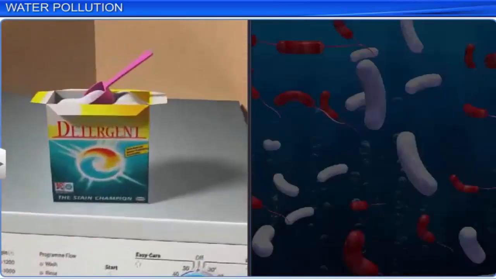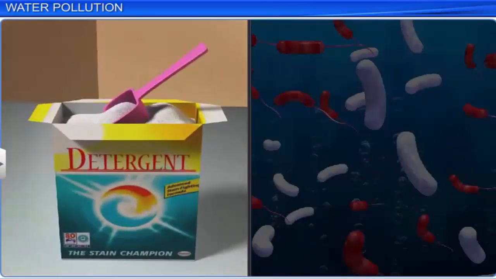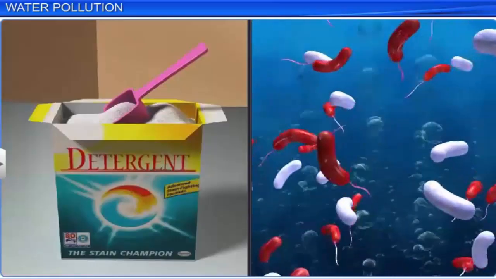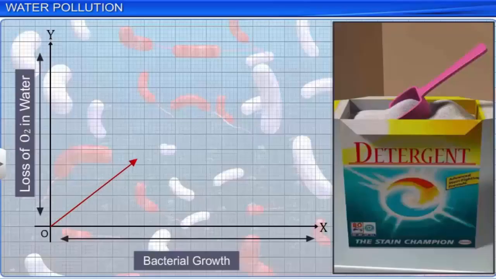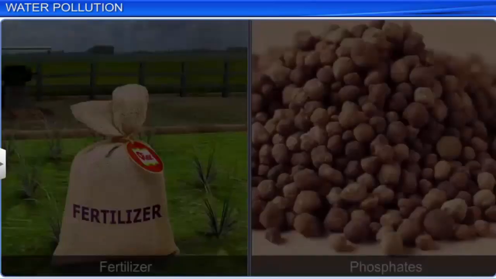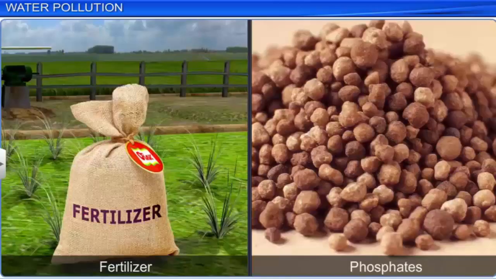Bacteria that decompose biodegradable detergents grow rapidly on it. These bacteria reduce the oxygen in water and cause a threat to other aquatic life. On the other hand, fertilizers contain phosphates that increase algae growth in water.